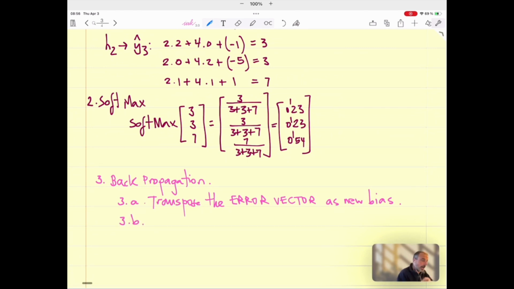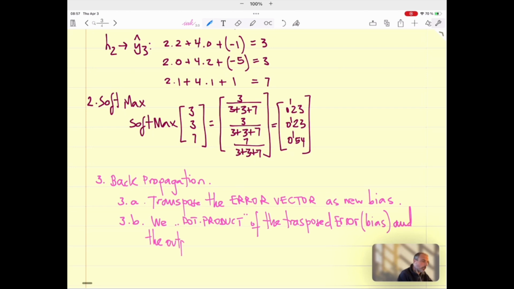So we do something called dot product of the transposed error vector, the bias, and the output of the previous layer.